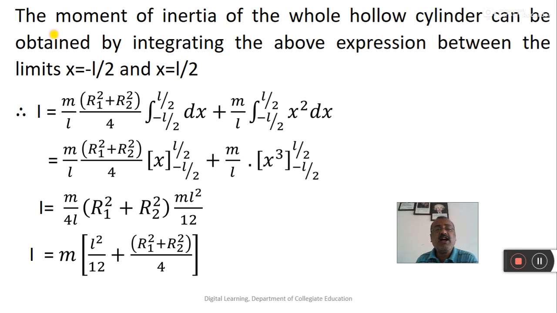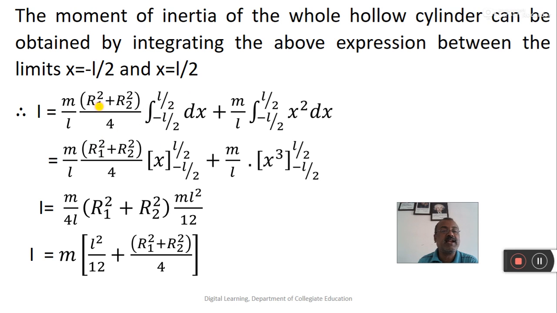The moment of inertia of the whole hollow cylinder can be obtained by integrating the above expression between the limits x is equal to minus L by 2 to plus L by 2.